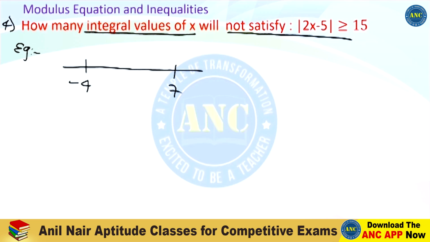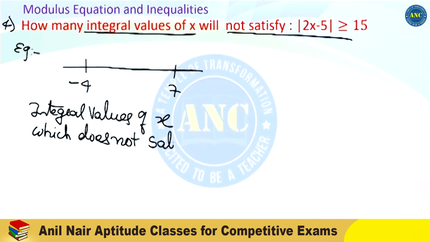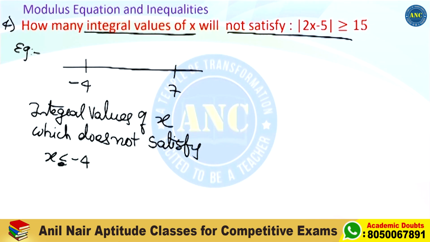Suppose I say integral values of x, for an example, integral values of x which do not satisfy: x less than or equivalent to minus 4, or x greater than or equivalent to 7.